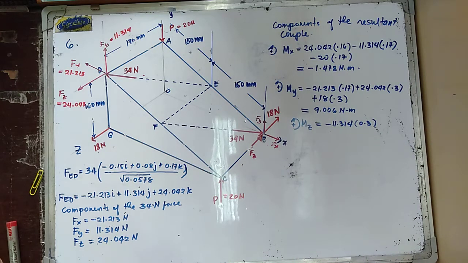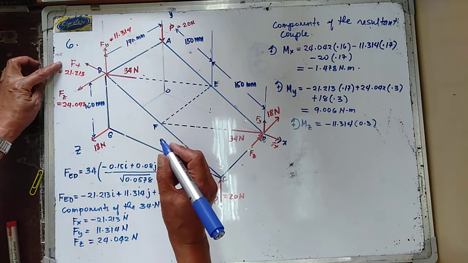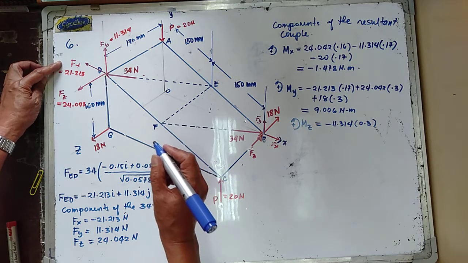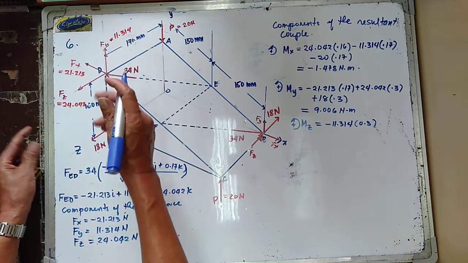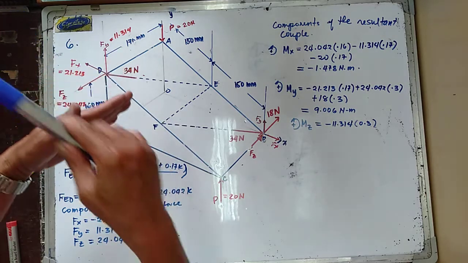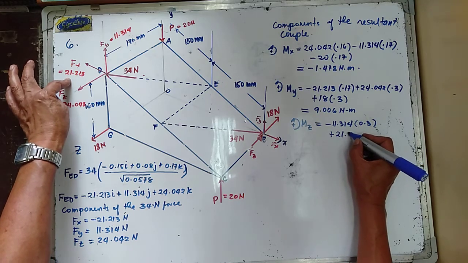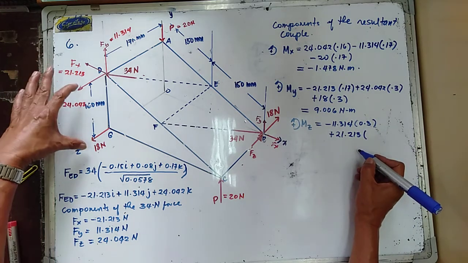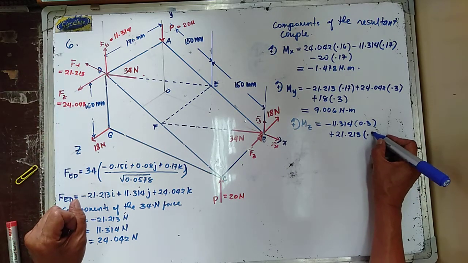And then next, we now have your Fx. Your Fx has moment about the z-axis. It is a counterclockwise moment, so we have plus 21.213. Multiply this one by 160 mm, so that is 0.16.